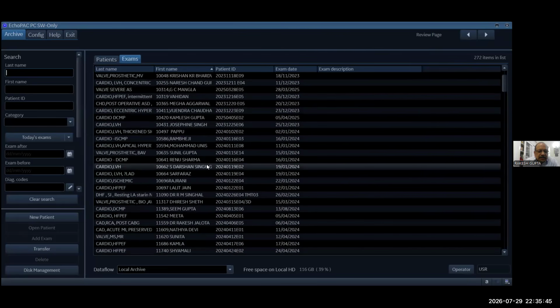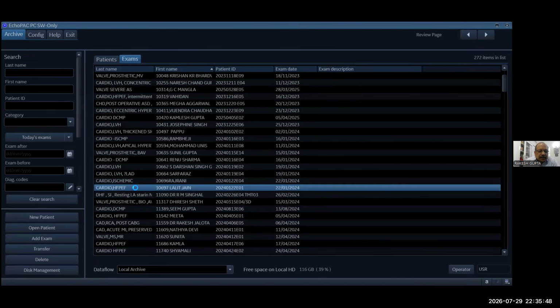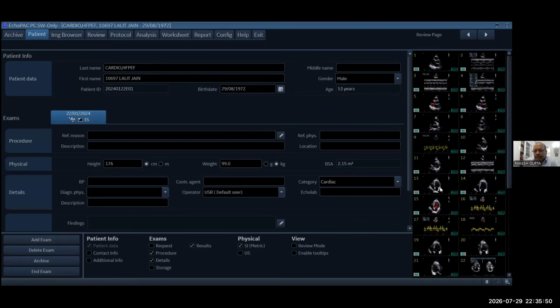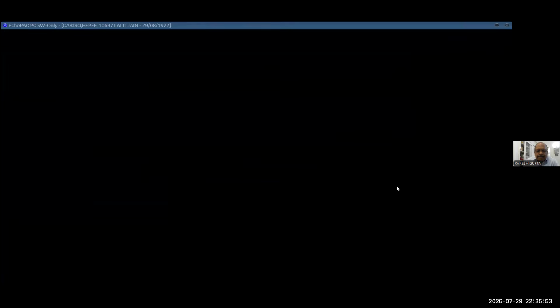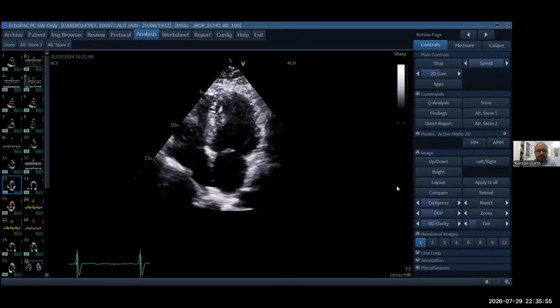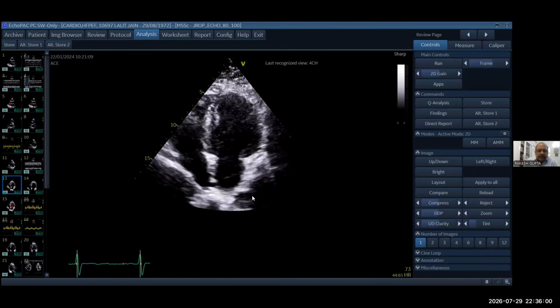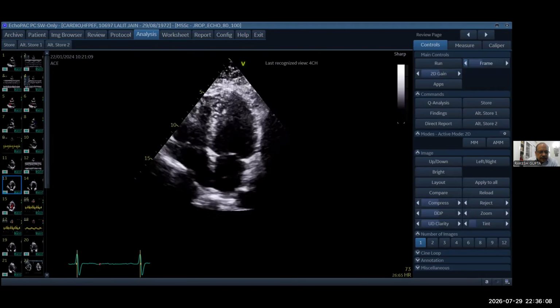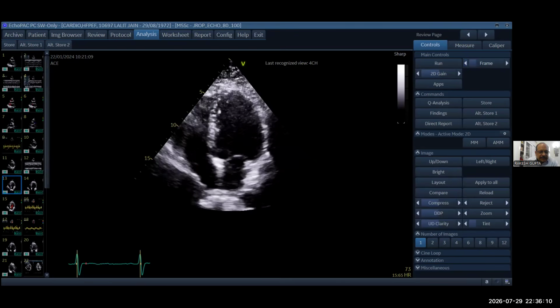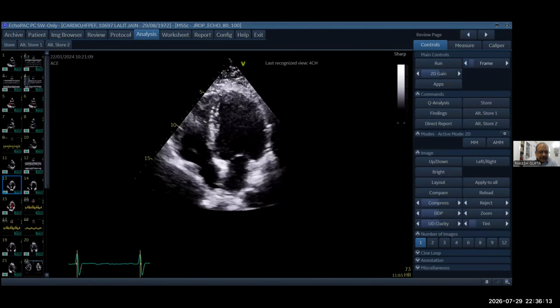Let me go somewhere else. All right. I'm going to stop this, take this cursor back, and I've got maximum LV size. This is maximum LV size when the mitral valve is closed and we are in end diastole.